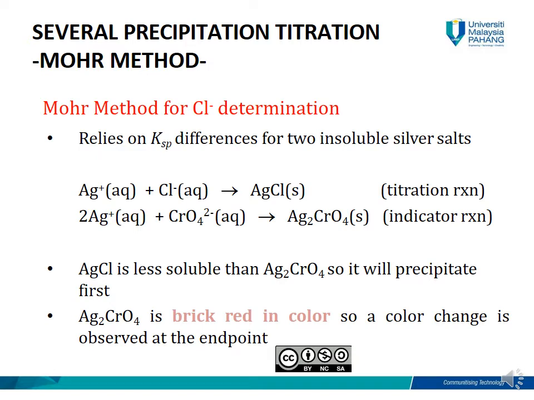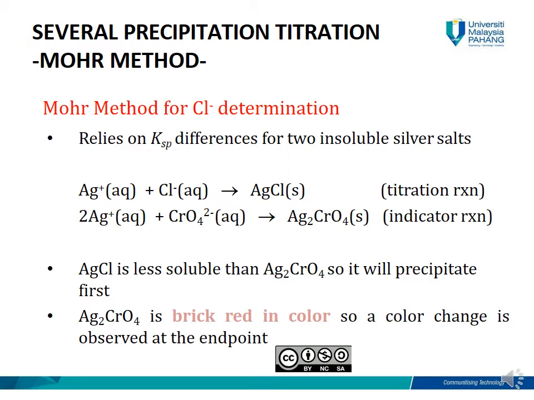Okay, so we have two types of reaction. The first one is the formation of silver chloride, and the other one is the formation of the indicator. This is what we call the concept of back titration, which has been implemented in this Mohr method.